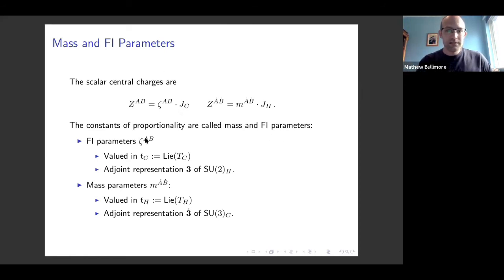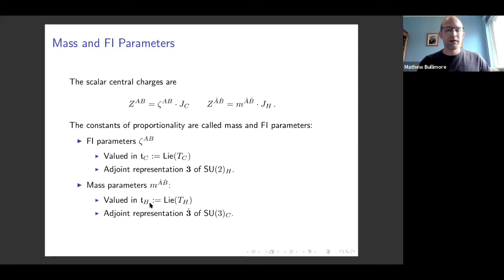So let's look at each of them and understand where they're valued. Let's first discuss the FI parameters, which is the first term, the zetas. First of all, they're valued in the Lie algebra of the Coulomb branch flavor symmetry. That's because they have to be paired with the generator. On the other hand, to get the indices to match, they have to transform in the adjoint representation of SU2 Higgs. And the mass parameter is exactly the opposite of that.